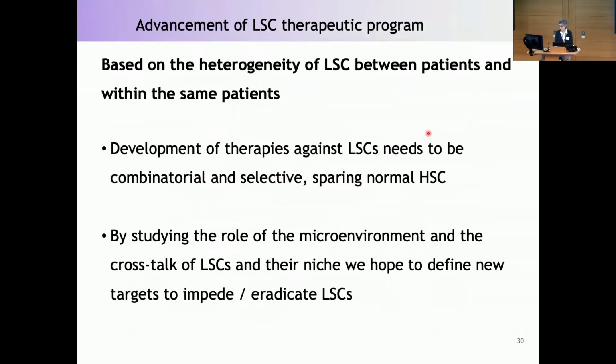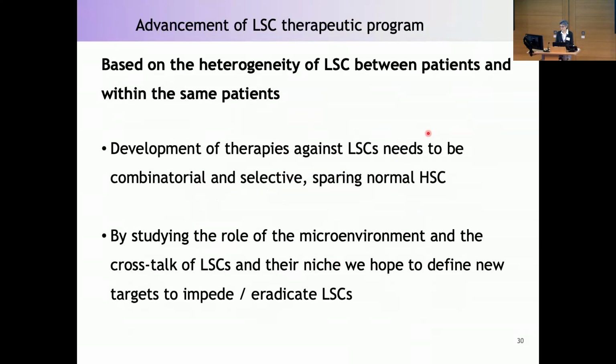So I'm finishing up by saying, as a concluding remark, that the heterogeneity of the leukemic stem cells between patients and within the same patient is really an obstacle for getting a new therapy that could really impede and decrease the leukemia burden of these patients and increase their survival.